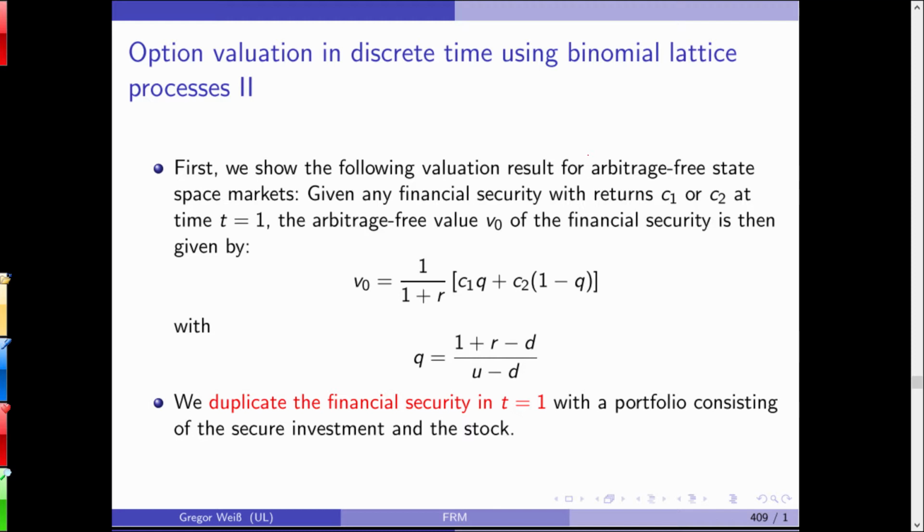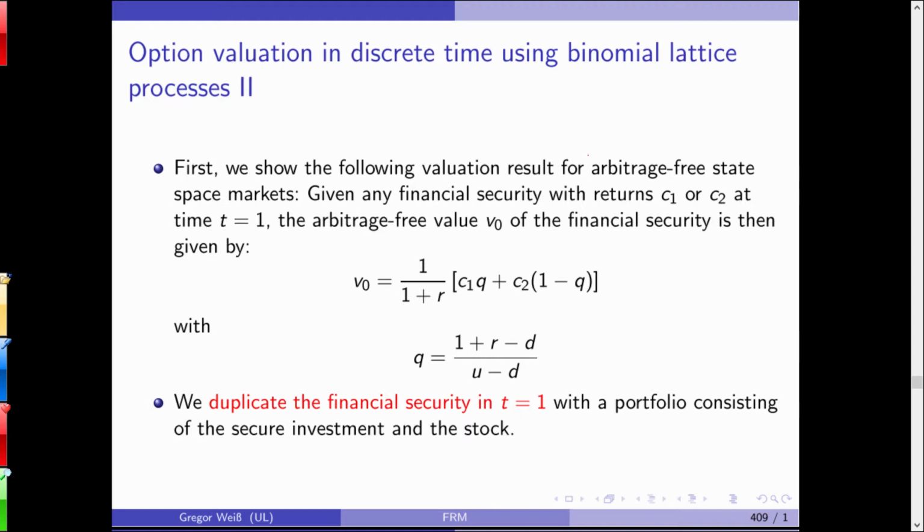Given any financial security with returns C1 and C2 at time 1, the arbitrage-free value of the security is given by 1 over 1 plus R, times C1 times Q plus C2 times 1 minus Q, with Q being 1 plus R minus D over U minus D.